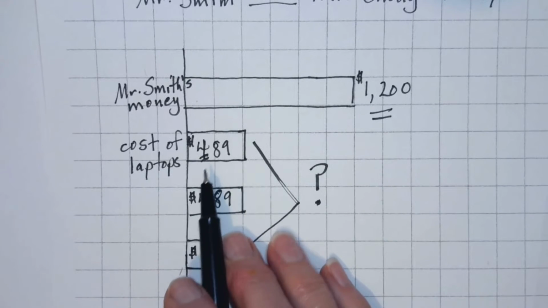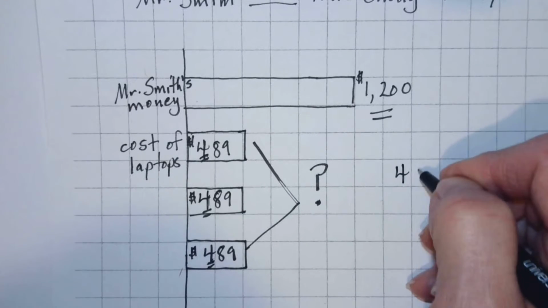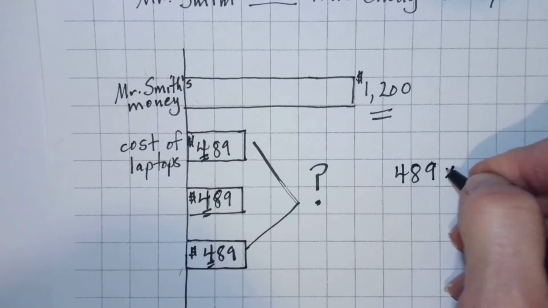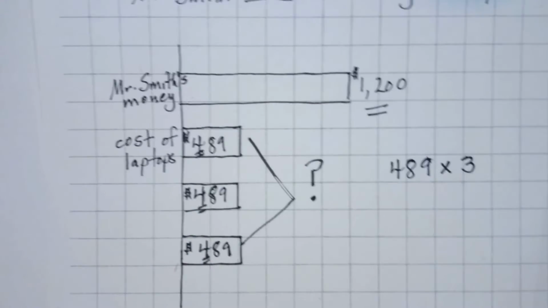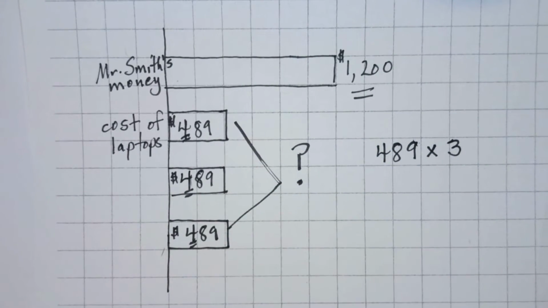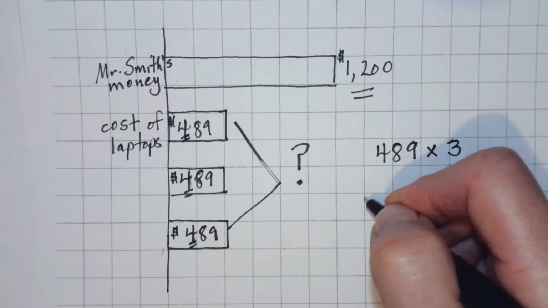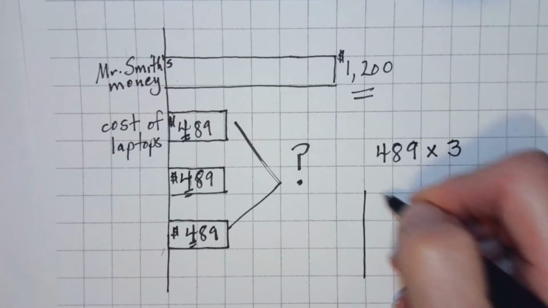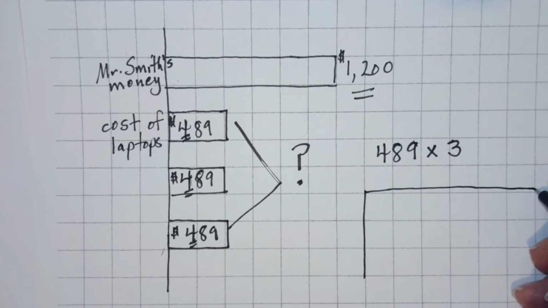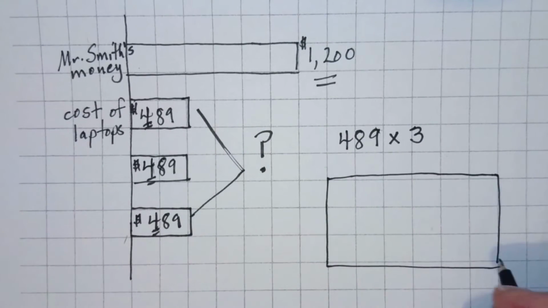Okay, so we're going to do multiplying 489 times 3. Again, I could add 489, 489, 489 to find out how much he needs, but I'm going to multiply. So I'm going to make a nice area model to do that.